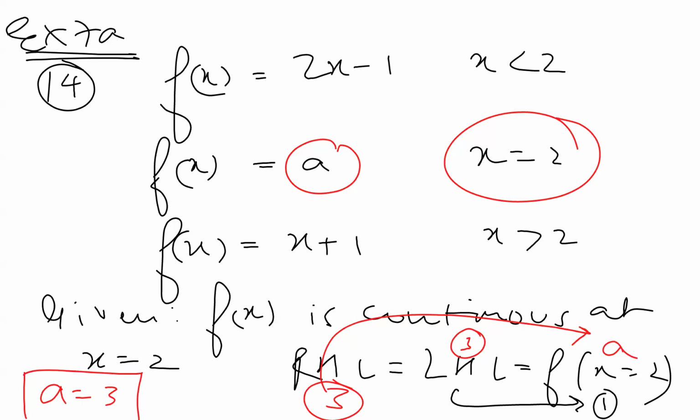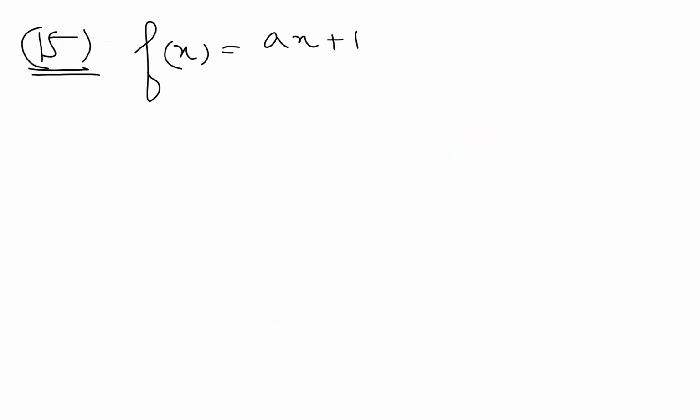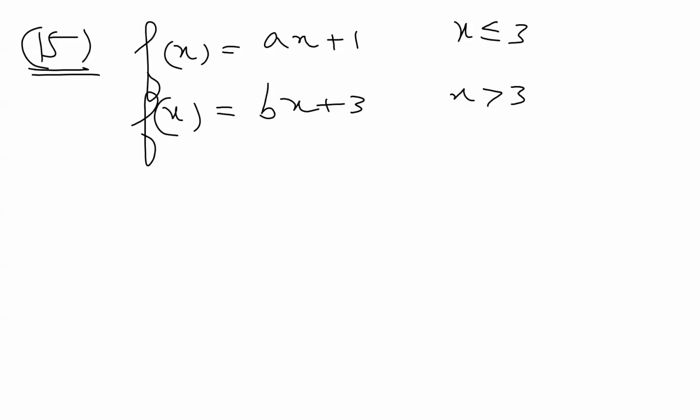Okay, let's go to question number 15. Find the relation between a and b so that f of x is continuous at x is equal to 3. So f of x is equal to ax plus 1, x is less than or equal to 3, f of x is equal to bx plus 3, x is greater than 3.